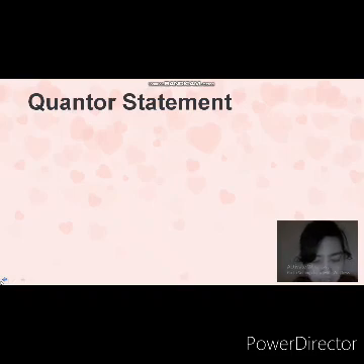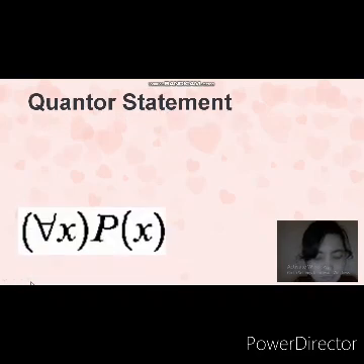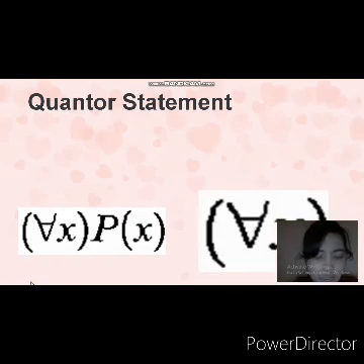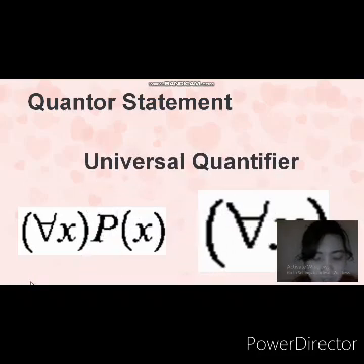If P(x) asserts that x has the property P, then for all x, P(x) means that property P holds for all x, or in other words, that everything has the property P. This is called a universal quantifier.